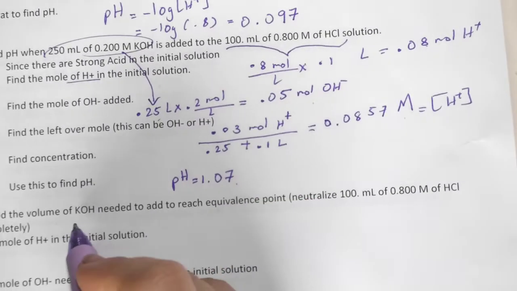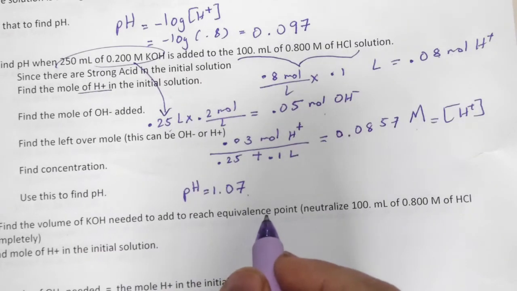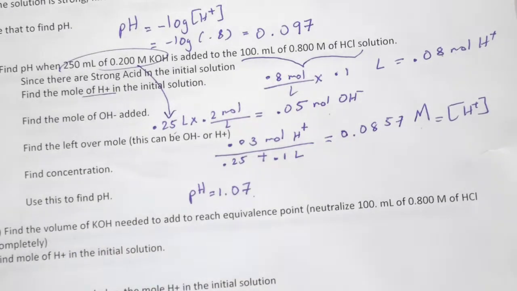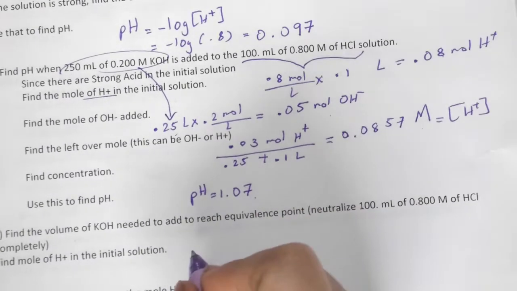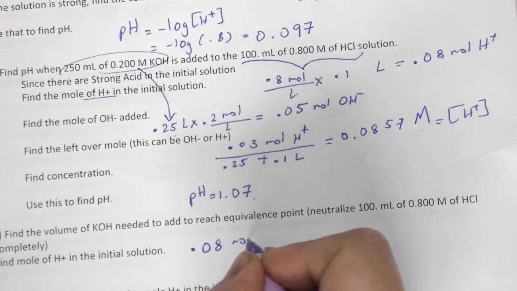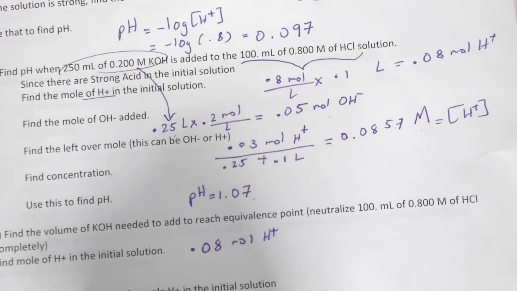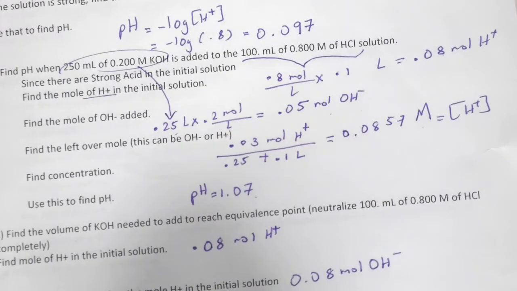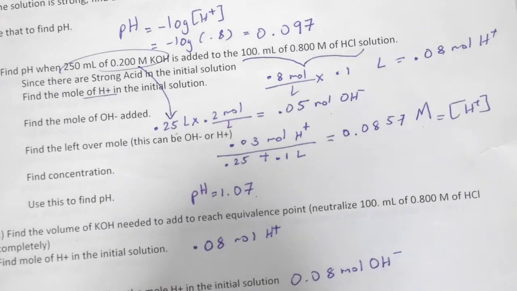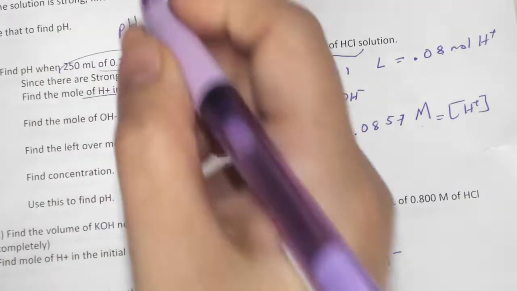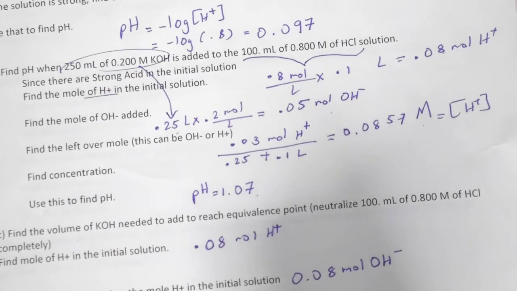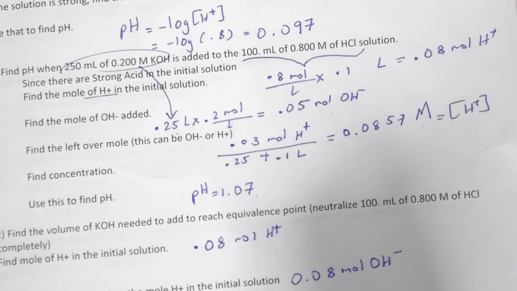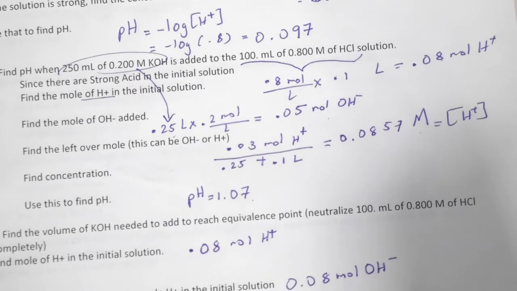Let's continue. How much volume is needed to get to the equivalence point? Easy. You want to find first the initial mole of H plus in the solution, which we have done up there, so I'm just going to rewrite it. And then the moles of OH minus needed are going to be the same number. Now use the concentration to find the volume. The concentration of OH minus up there is 0.200 molarity of KOH, which just means 0.200 molarity of OH minus.